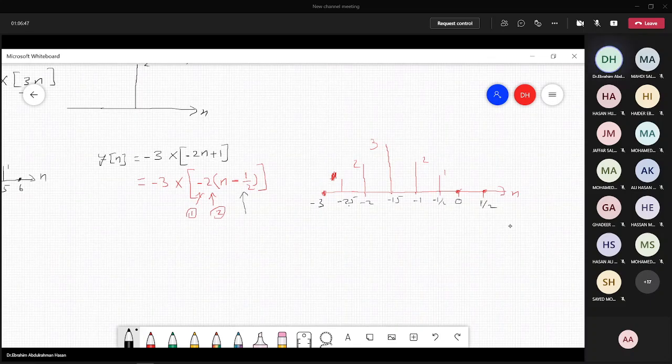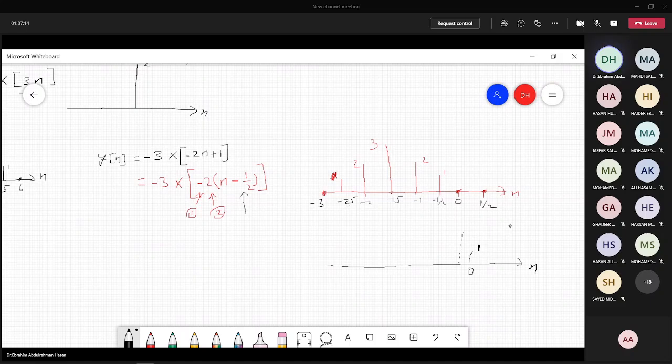What happens is the following. Shifting all these, then this one will be at 0. This one will be here at minus 0.5.